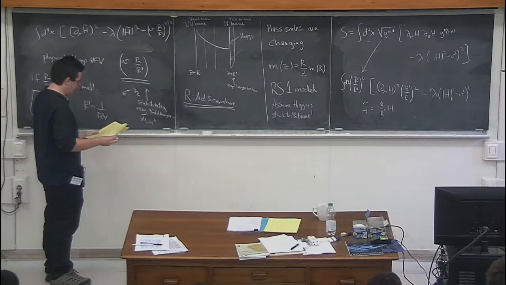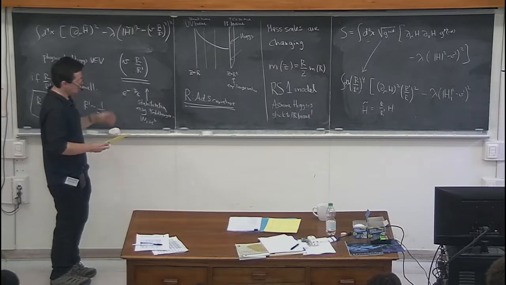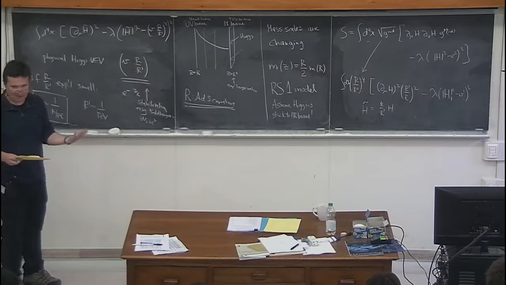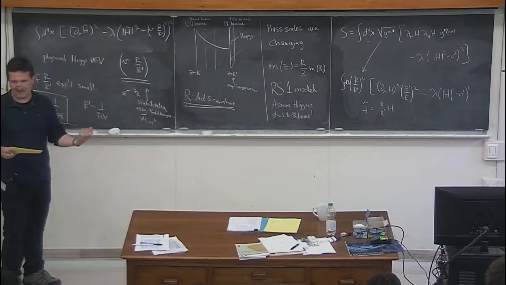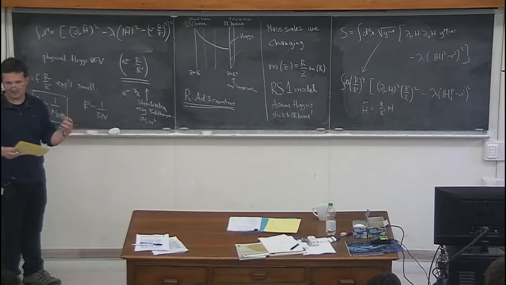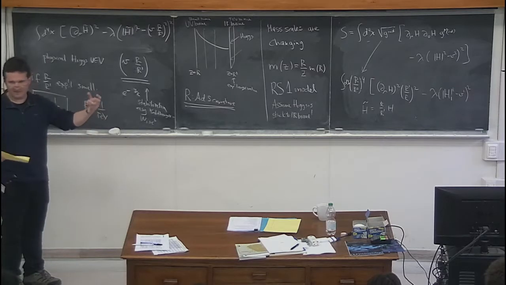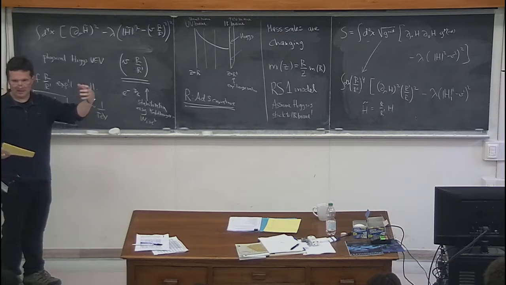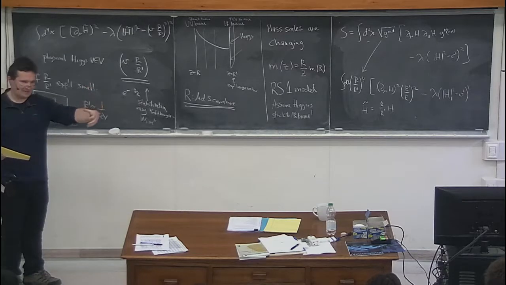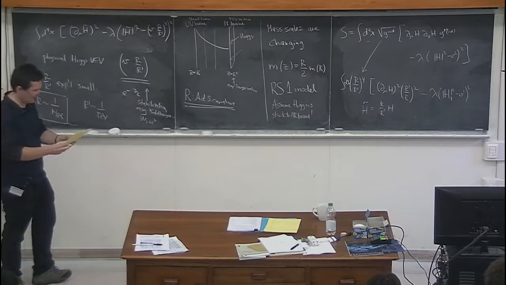Now, one question that you should ask is, does it really solve the hierarchy in the sense of what happens to the gravitational interactions? Because if I also warp down at the same time the scale of gravitational interactions, then I'm in trouble. I want to explain the difference between the scale of the electroweak interactions and the gravitational interactions.